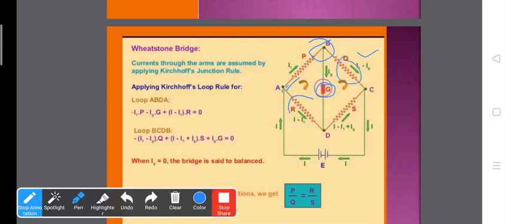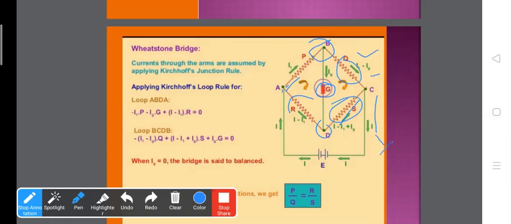Clear? Now from this, we find that current I minus I1 plus IG is flowing through DC. Okay. So now when we look at junction C, current I is coming out of this circuit.